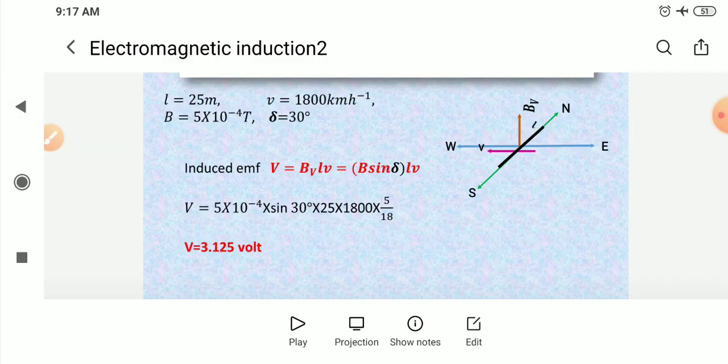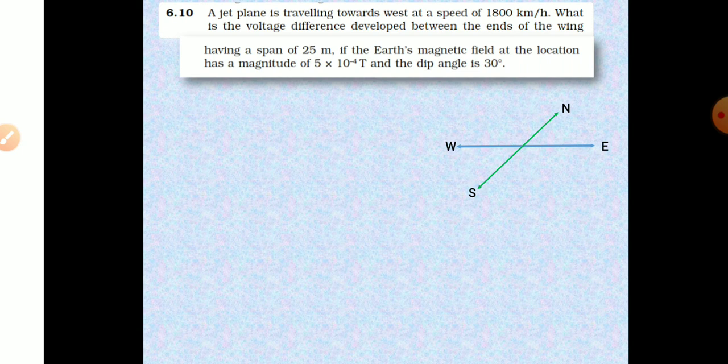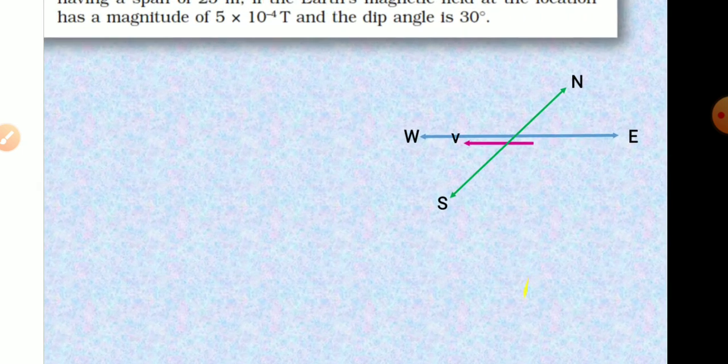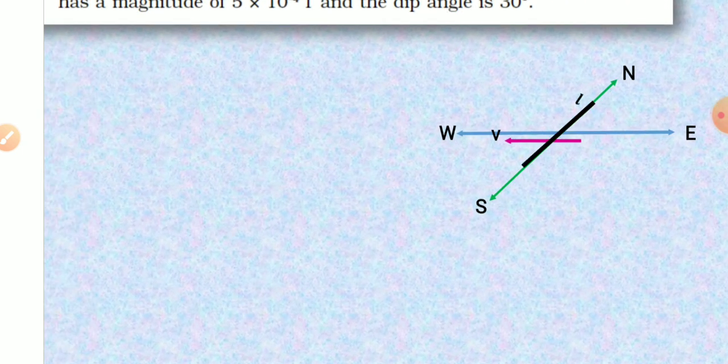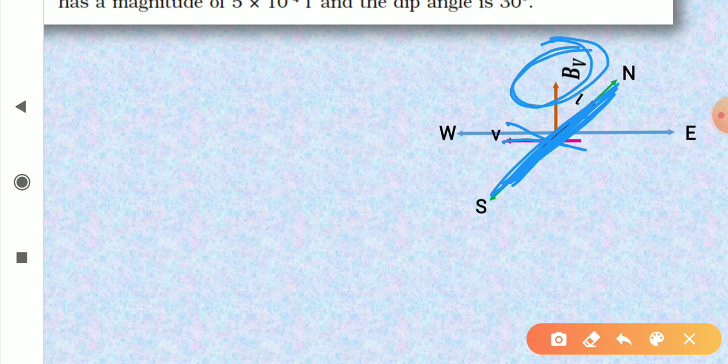While traveling, this plane will be cutting the vertical component of the magnetic field. So while moving, you can treat this wingspan like a rod, and it will be cutting the vertical component of Earth's magnetic field.